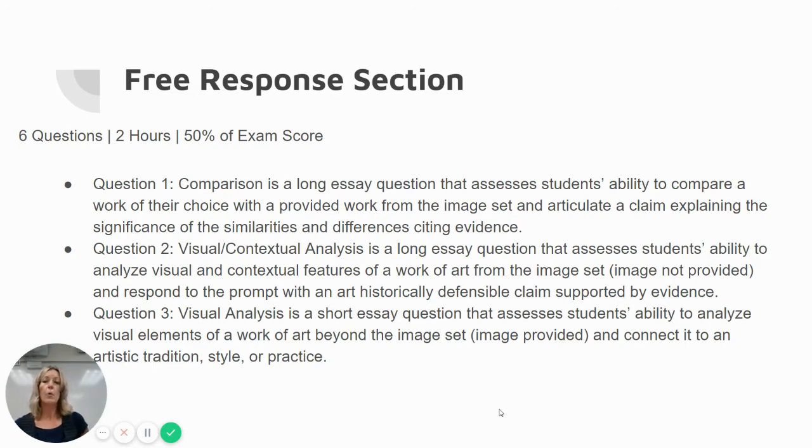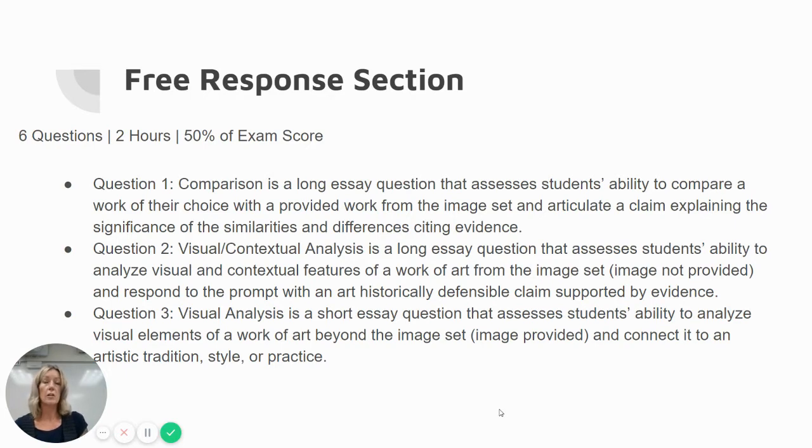So essay question number one is a long essay, and it is a comparison long essay question. It is designed to assess your ability to compare the artwork that they've given you with artwork that you choose. Now, when you choose it, they usually give you 3 suggestions.